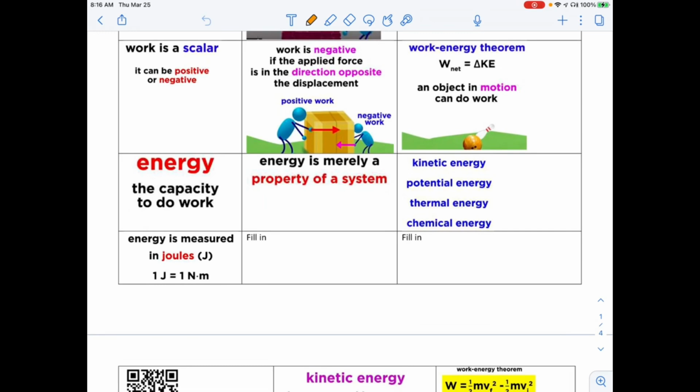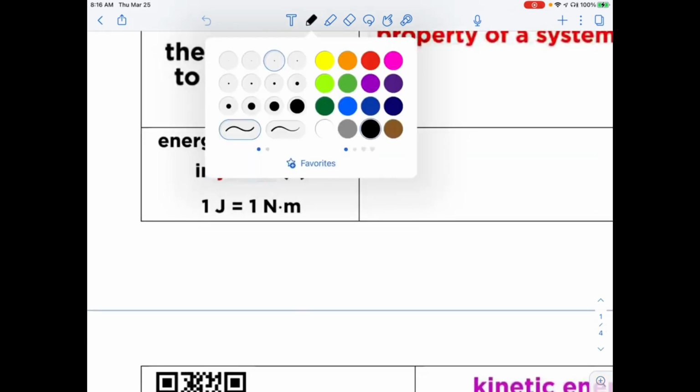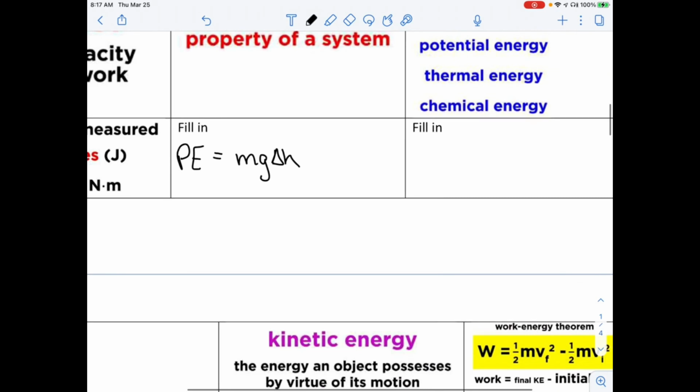Now let's take a look here. What I was looking for you to get in this fill in the block, and maybe it wasn't very clear, was that potential energy, PE, is equal to mass, gravity, and the change in height. You can also have potential energy stored in a spring. So you can have spring potential energy.